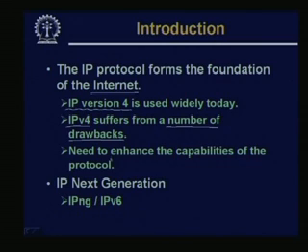Therefore, there is a need to enhance the capabilities of the protocol so as to overcome these drawbacks. So, IP next generation, sometimes also called IPng or IPv6, has been proposed to address this issue: that IP version 4 is not capable of handling future needs. There are some disadvantages which you face with IPv4, and how to overcome them. So, let us see how this is done.